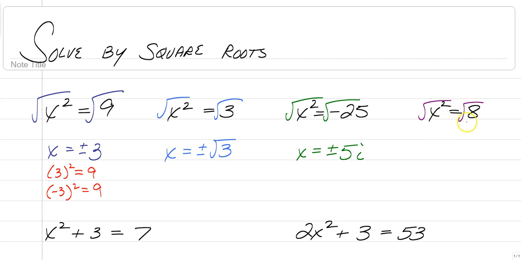I will tell you, I lean towards the simplifying with a factor tree method. The reason why is this method also works for doing cube roots, fourth roots, fifth roots, and it's very easy to work with. So the square root of 8 is 2 root 2. So your answer would be x is equal to plus or minus 2 root 2.